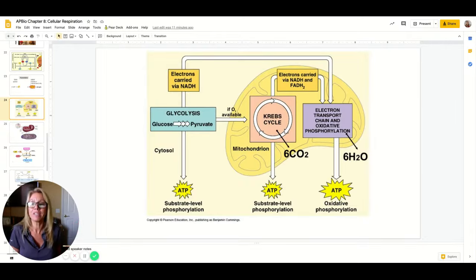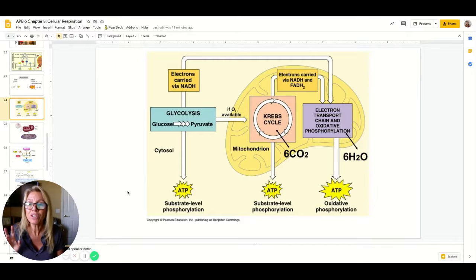The final electron acceptor is going to be oxygen, so it forms water. So glycolysis is still the same. Our second step in aerobic respiration, instead of fermentation, is the transition or preparatory reaction, where we convert the pyruvate into acetyl-CoA, which gets fed into the Krebs citric acid cycle or TCA cycle, which generates even more NADH and FADH2 that we can feed into our electron transport chain.